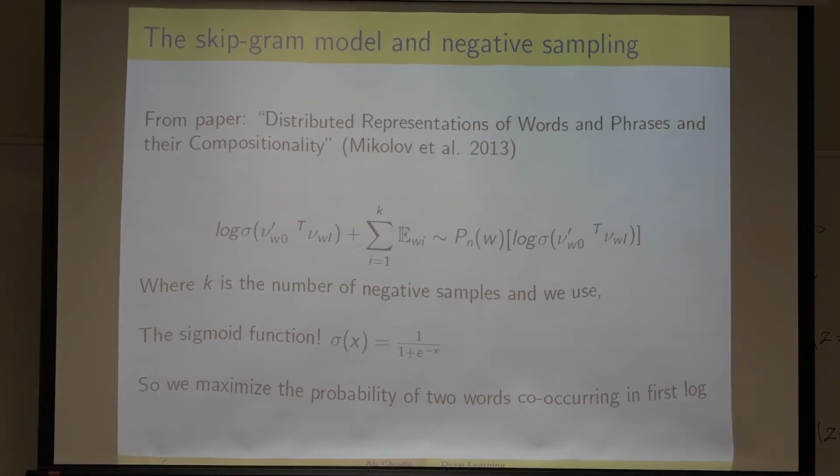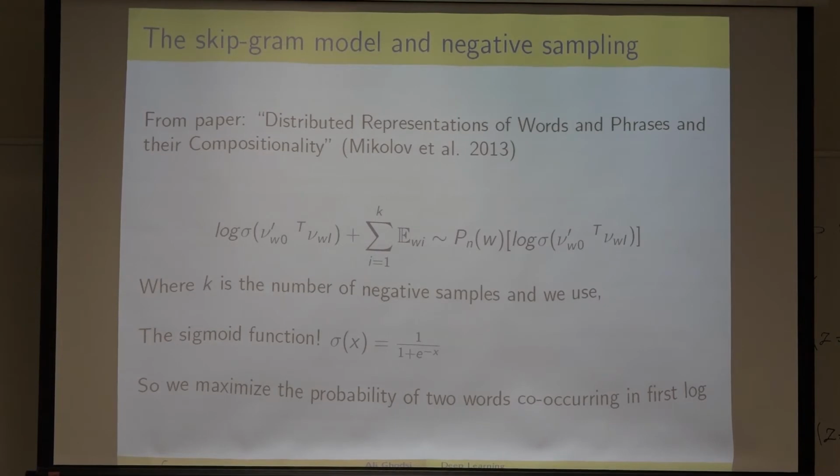How do we generate words that are not in the corpus? We have a unigram probability of words. For each single word, I can count the frequency of the word, divided by the total number of words. That's my unigram distribution of words in the corpus.